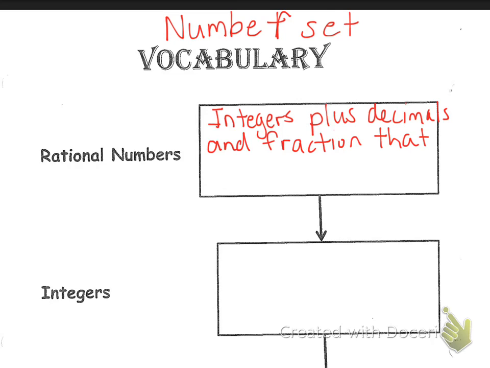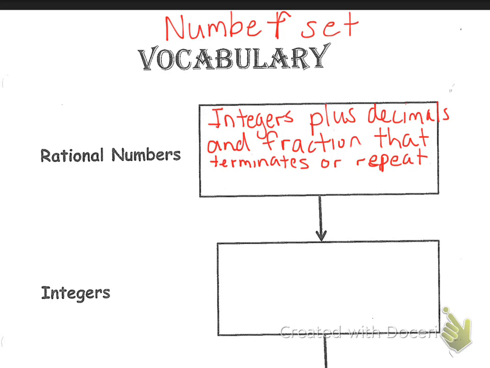Terminate means it ends, right? So like 1/4, that terminates to, if we divided it out, 0.25. One that does not, for example, is 1/3. 1/3 repeats 0.3 forever, right? Well, that's what repeat means.